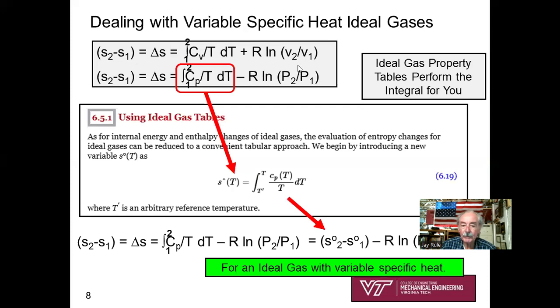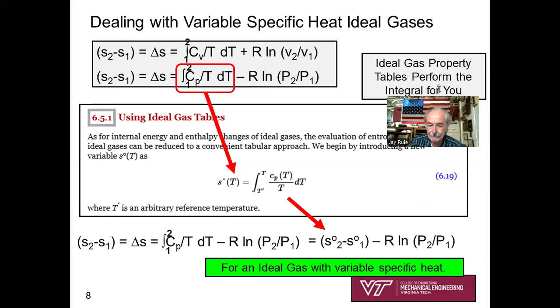Now let's talk about dealing with variable specific heat ideal gases. In other words, when Cp is a variable, or in other words, Cp is some polynomial as a function of temperature, aT cubed plus bT squared plus cT plus d, something like that. That can be a bear to integrate, can't it? Extremely time consuming. So I'm in section 6.5.1 of your textbook, and your textbook plops down equation 6.19, that describes a new variable called s0, superscript 0.